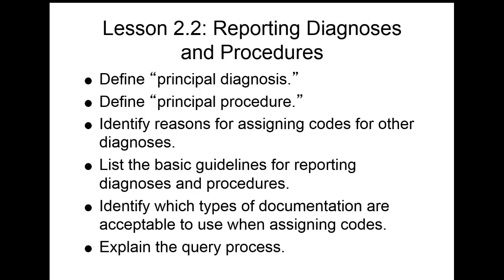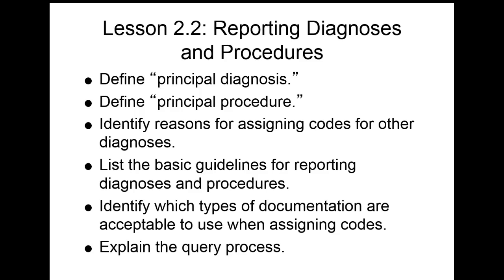When we extract this information, we refer to this process as abstracting. So when you see a job for a coder abstractor, it means not only are you going through the process of assigning the appropriate code, but then you will be extracting that information and typically entering it into a database to complete the abstracting process.